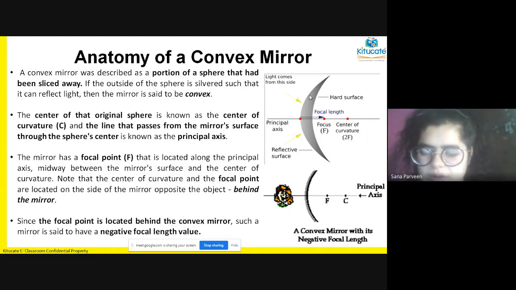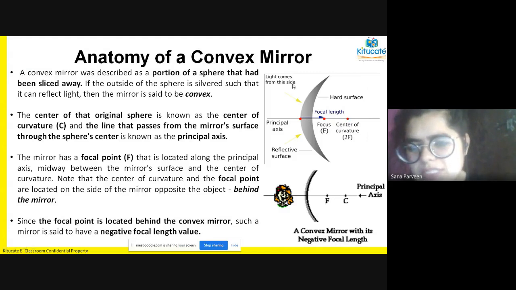Initially in concave, this surface was the reflecting surface. In convex, this surface is going to be the reflecting surface, the bulging surface out. Light comes from this side, falls on this side, and is reflected in a particular direction. So this is going to be the reflecting surface.